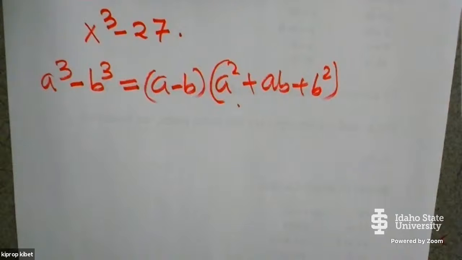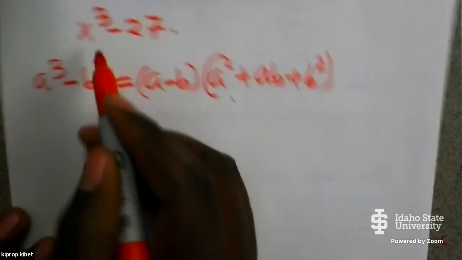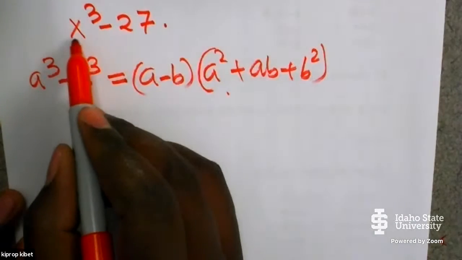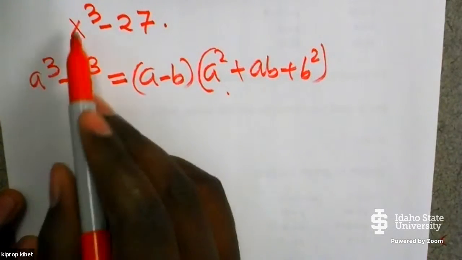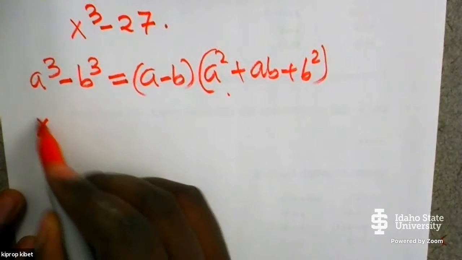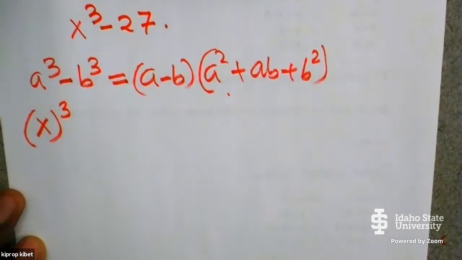So what is A and what is B? So here, our A is what? x, and then cube, right?